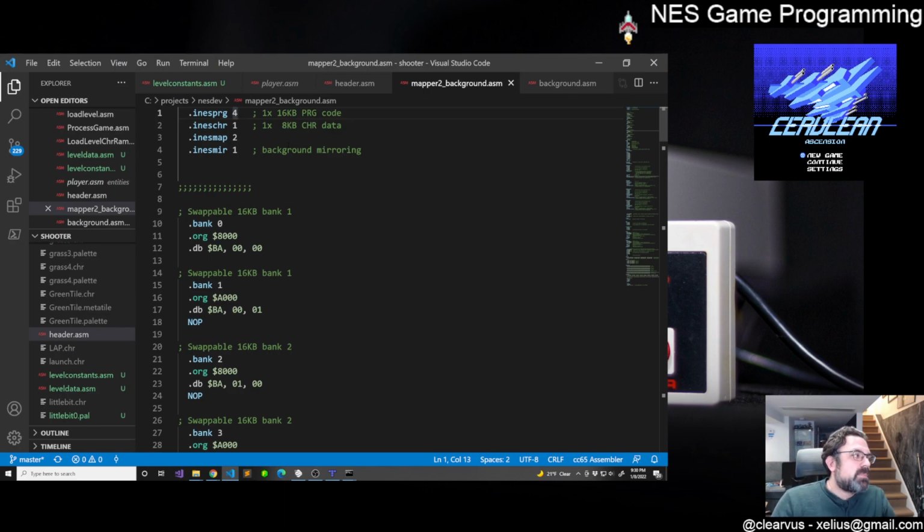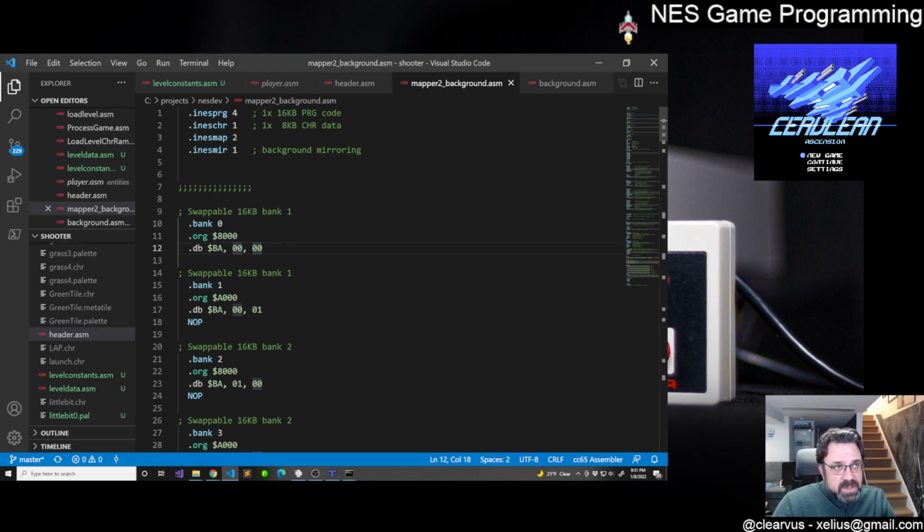Now, part of what I was doing, because I was having some trouble understanding this at first when I was messing around with this, was that I defined some known data in every bank, because for me at least, when I was trying to figure this out, having just random data in there, because that's what the emulator loads, makes it really difficult to figure out what's actually going on.